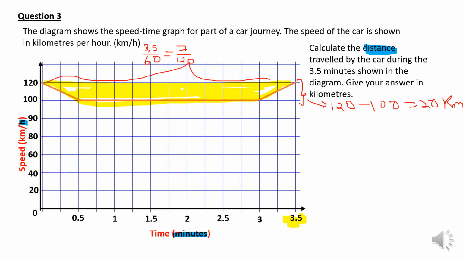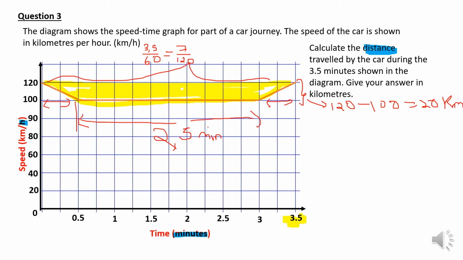Now, here's the other one that needs to be changed, and that is the distance from here all the way up to here. This distance here is nothing but 2.5 minutes, because you have this little 0.5 here that you're supposed to subtract.